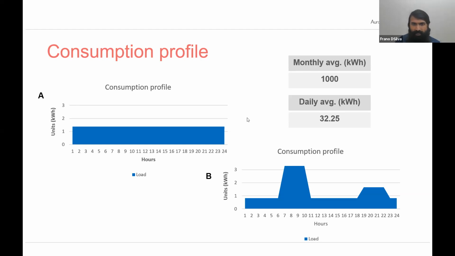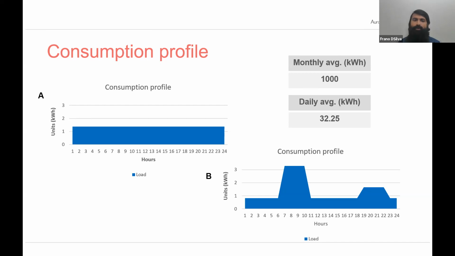Continuing with the explanation, let's say in option A, the user is continuously consuming around 1.4 units an hour for 24 hours. And this could mean that maybe the user has a fridge running continuously in the house. Maybe the user has a geyser running continuously in the house, and this runs for 24 hours.